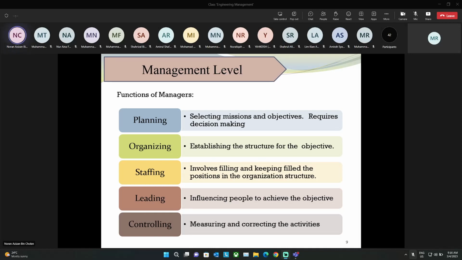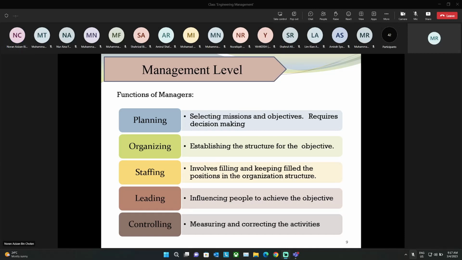And then the next function is controlling. What is controlling? Controlling is about, for example, the financial. We have many categories of controlling. In terms of financial, the budget is about planning.